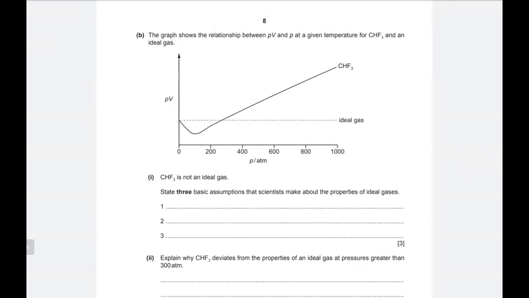State three basic assumptions that scientists make about the properties of an ideal gas. It's very easy. One assumption is there are no interactions between gas particles.